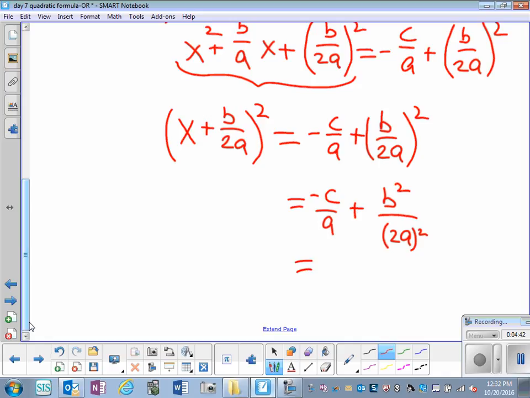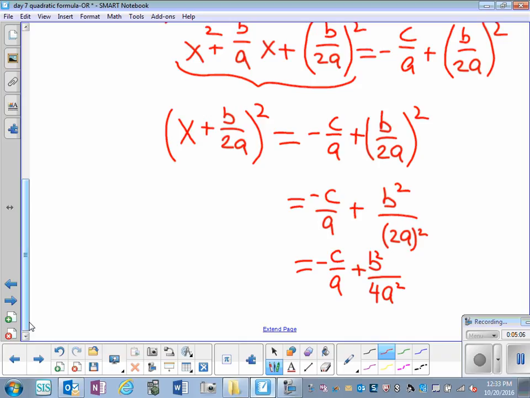Correct? Now I can simplify a little bit further. So I just rewrite negative c over a plus b squared over here. And then on the bottom, 2a squared is just 4 times a squared, correct? Because 2 squared is 4.